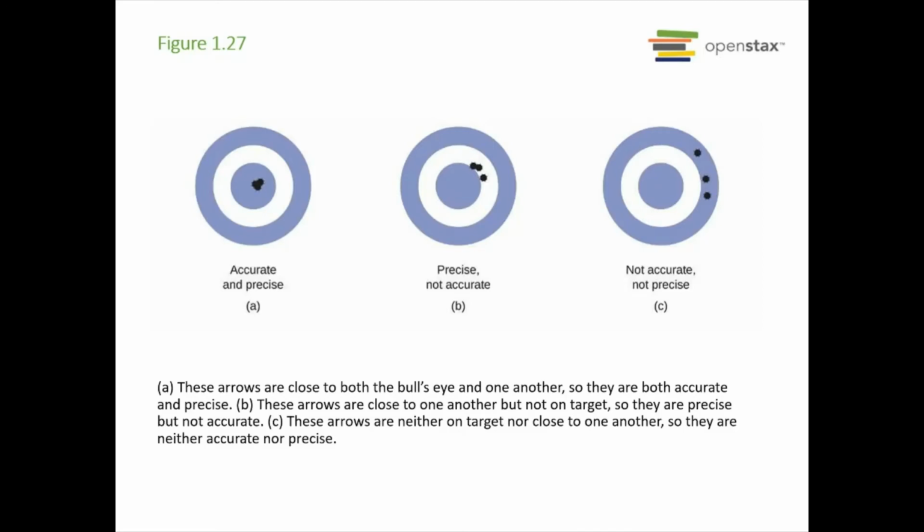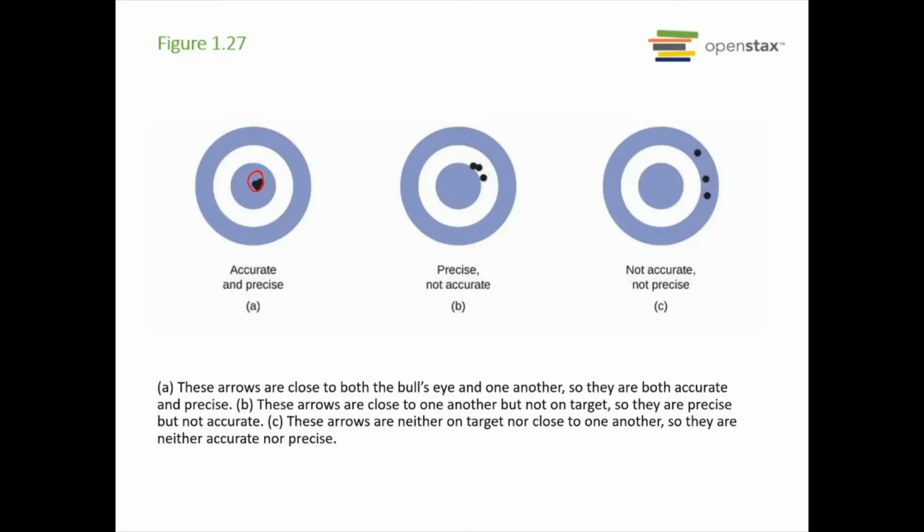So here's some different bullseyes, and where an arrow was shot at them. So in A, notice that all 3 shots are really close together, and they're on the bullseye basically. They're pretty close to the center. So this is both accurate, meaning that it's close to the center, what is accepted, and precise.